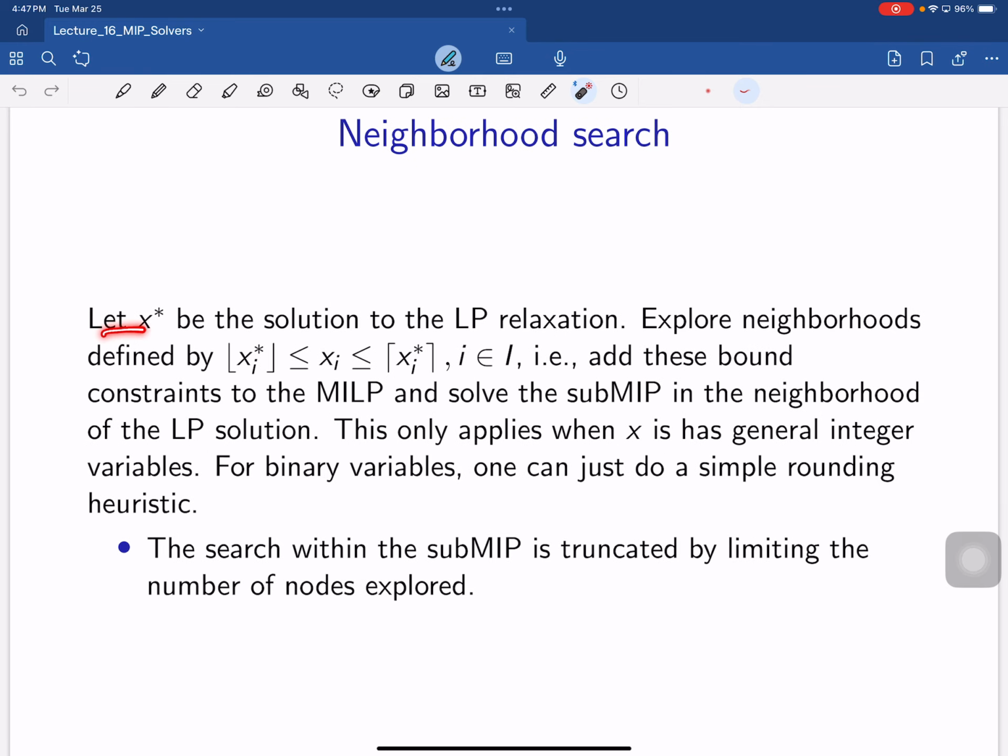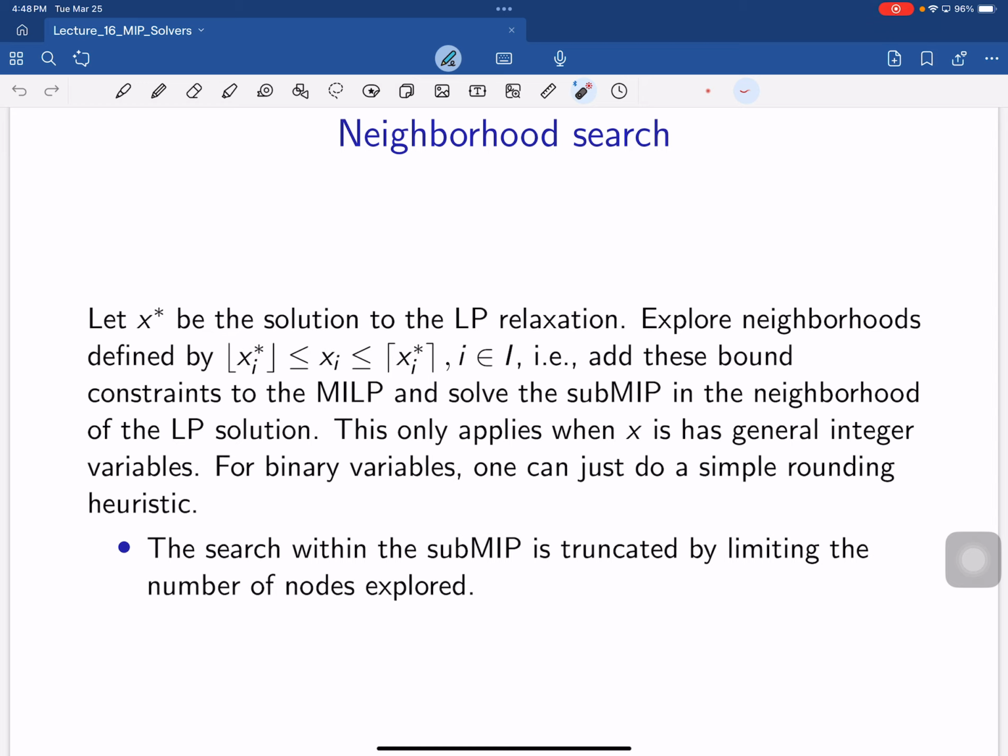Let's say x star is a solution of the linear programming relaxation. What we will do is explore a neighborhood that is lower bounded by the floor of x star and upper bounded by the ceiling of x star. In other words, you find the LP relaxation, and you know that a global optimal solution could be very close to it, so let's search a small neighborhood around this LP relaxation solution.